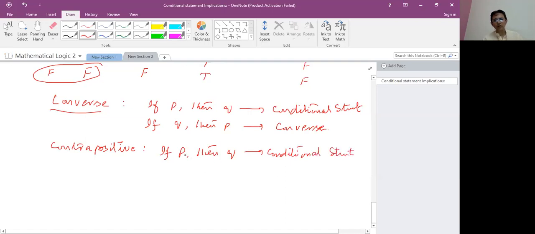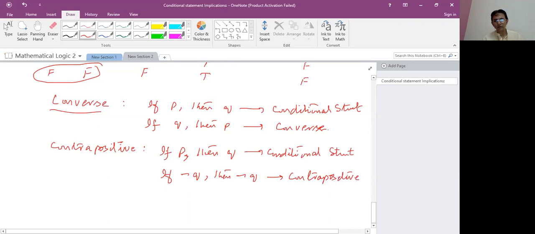If you convert it into if negation Q, then negation P, this is called contrapositive.